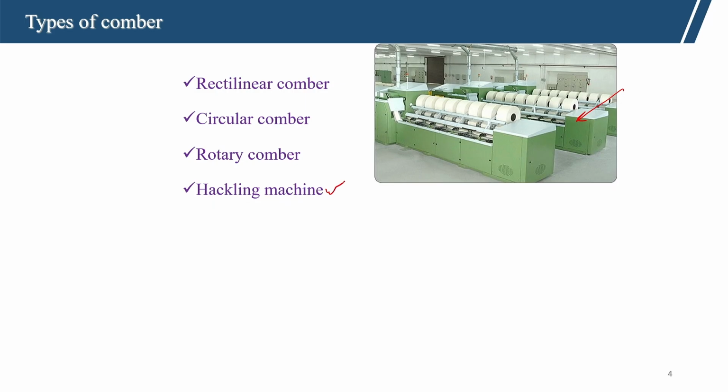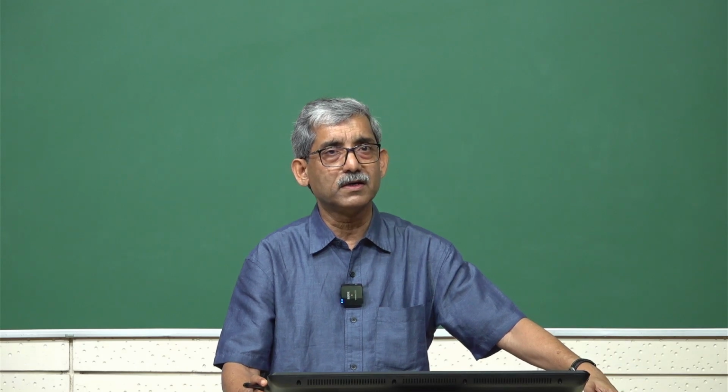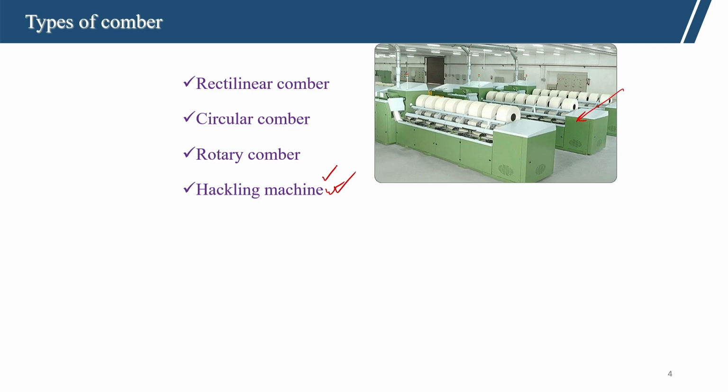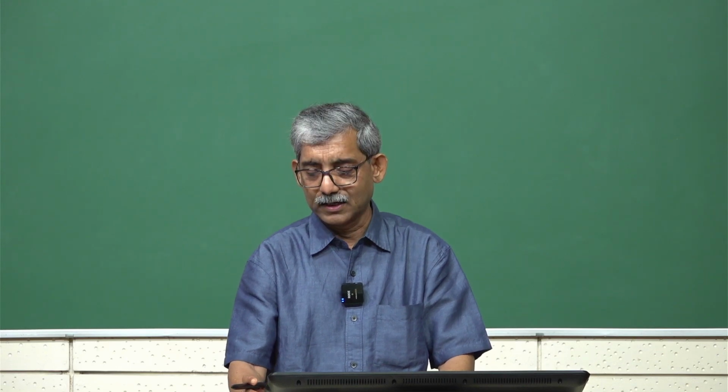Hackling is used for extra long staple fiber, mainly in the flax and jute industry, where the fiber length can be as high as 1 meter. So, here short fibers are removed or fiber parallelization takes place in the hackling machine.